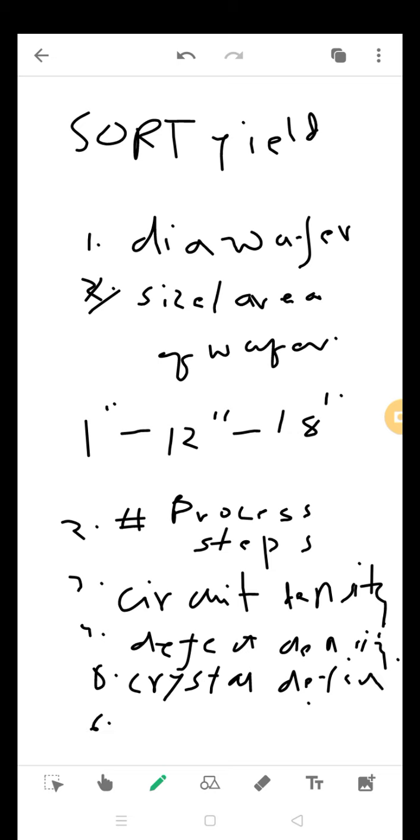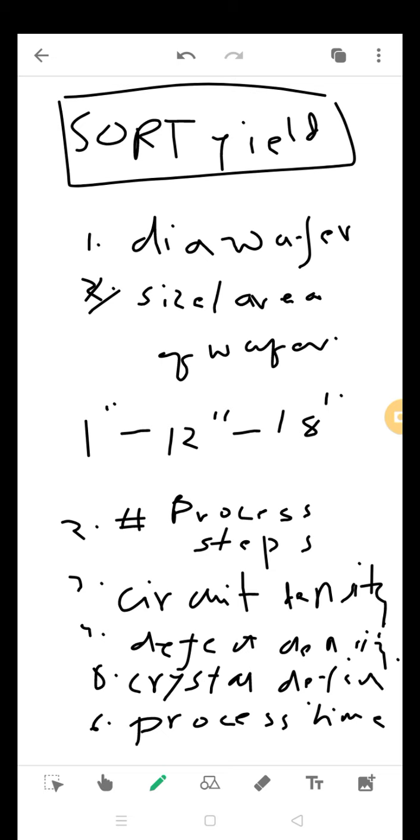And lastly, the process time, or the cycle time. Okay, so these 6 parameters are related to the performance or how the sort yield will be.